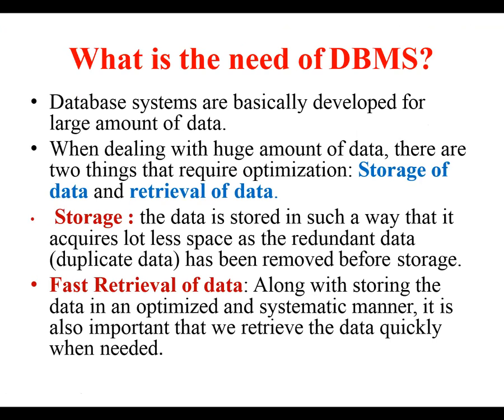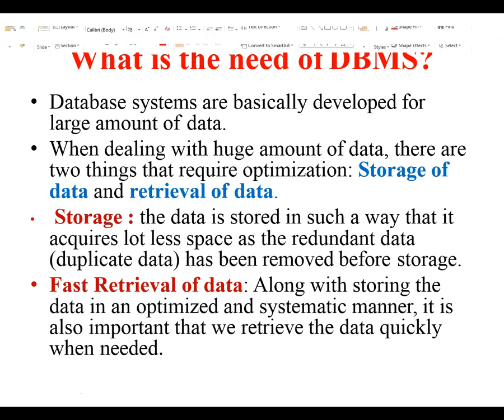Now, what is the need of a database system? All students, we have learned about the database system. Now what is the need of that database system? Because we have data, but where will it be stored, or what will we do with that particular data?